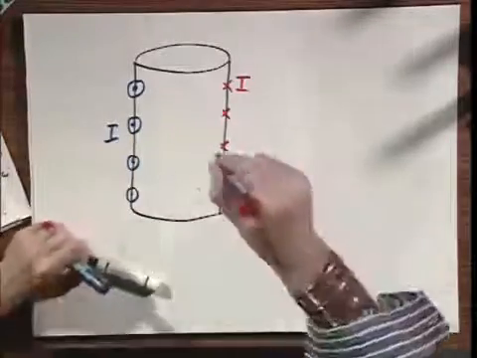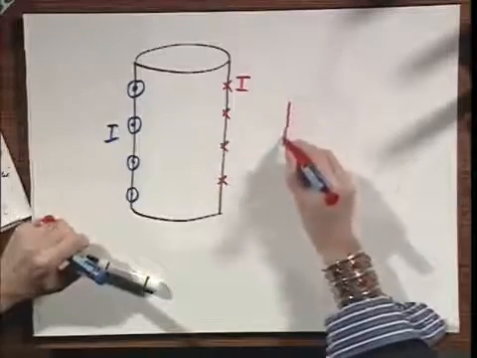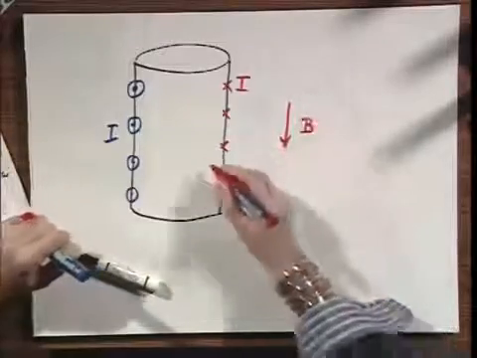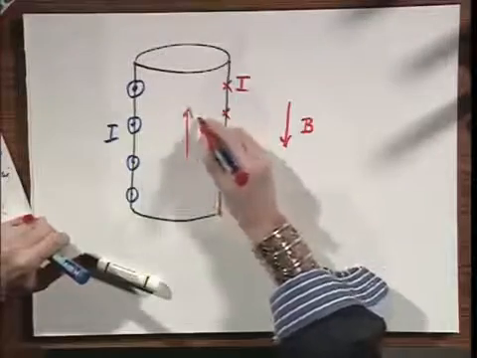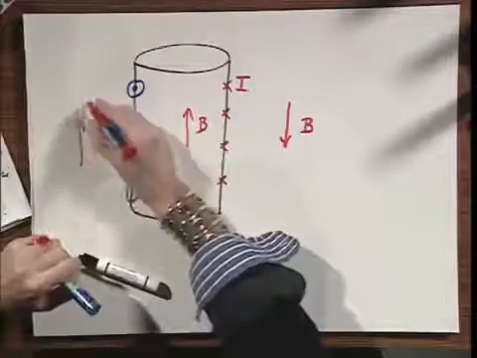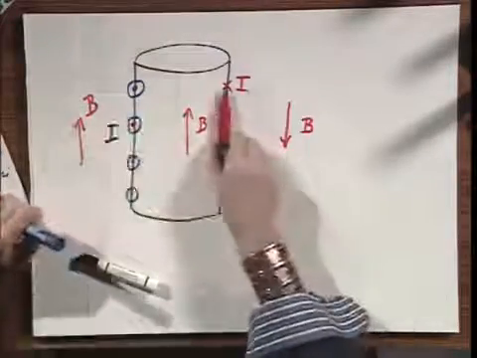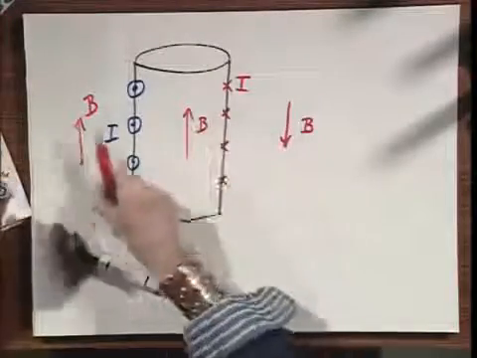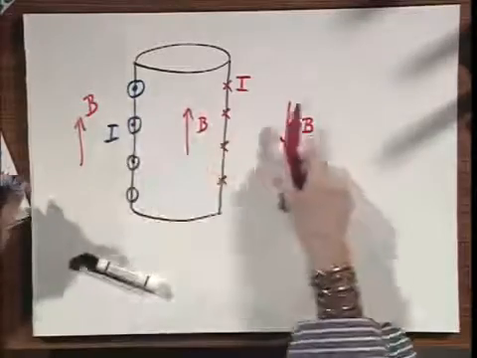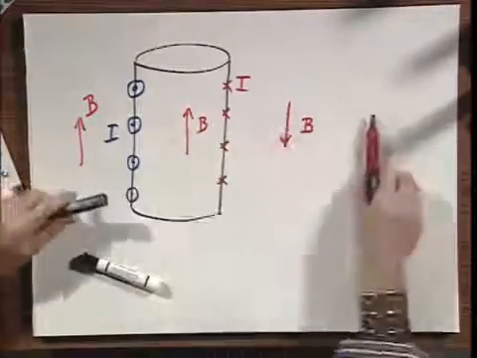By convention, if there is a current going into the paper, the magnetic field is down here, the magnetic field is up here, and the magnetic field is up here. Now imagine that this was an infinite sheet, which it's not. Then B and B and B would have the same magnitude, except that the directions are different.